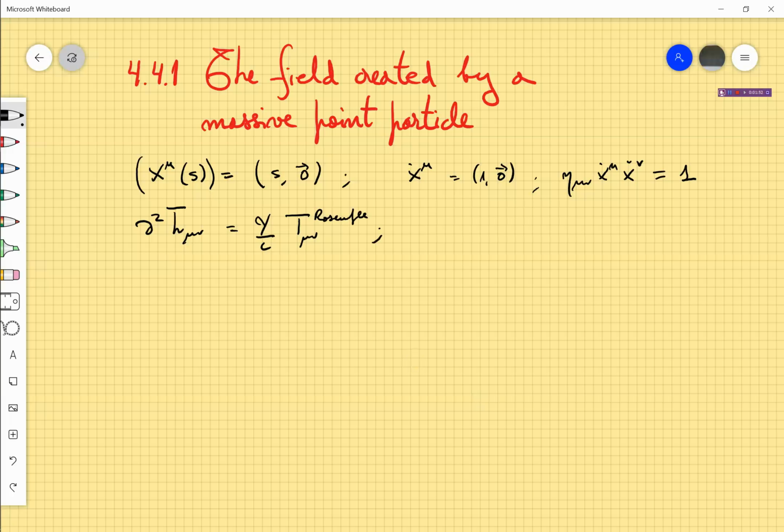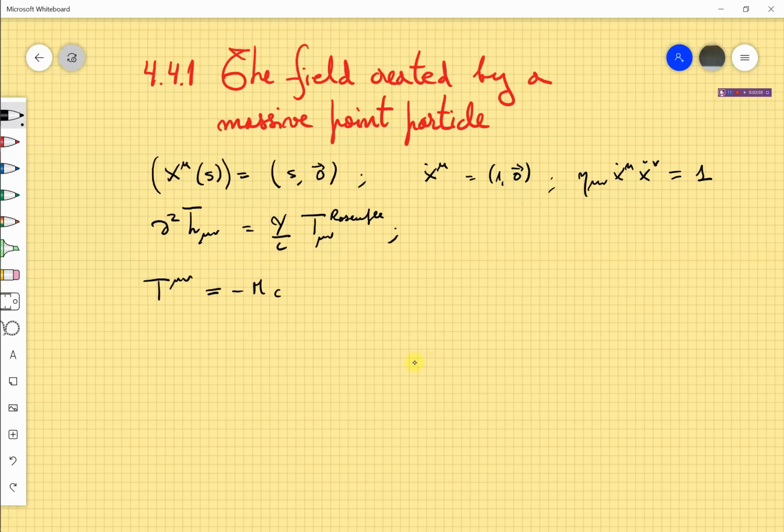So now let's go back to the place where we computed the energy momentum tensor of the particle. And remember that this was given by minus mc squared integral ds delta 4 of x minus X, divided by the square root of g x dot mu x dot nu.